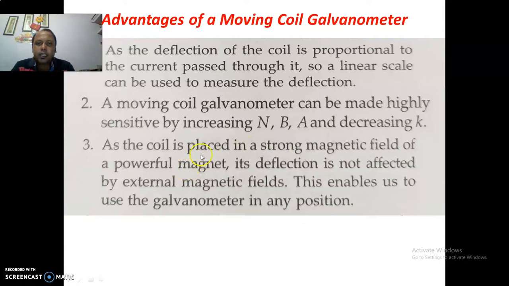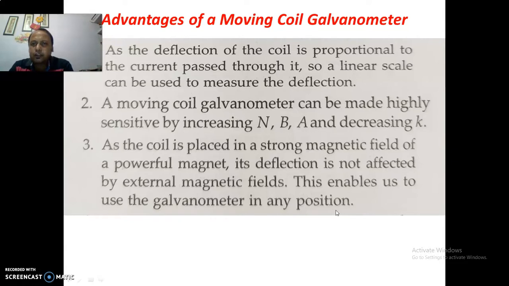As the coil is placed in a strong magnetic field of a powerful magnet, its deflection is not affected by the external magnetic field. This enables us to use the galvanometer at any position. I hope this is very clear to you. We are using a very strong horseshoe magnet.